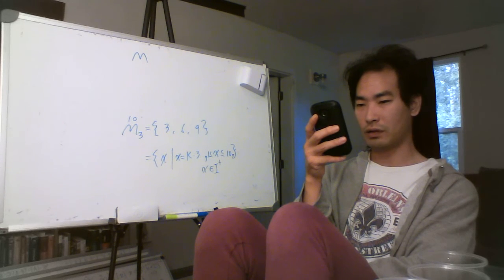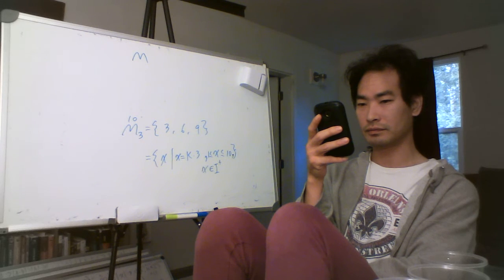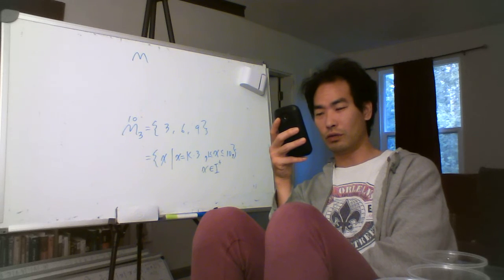So it's the late 1800s. So Georg Cantor was living in poverty.